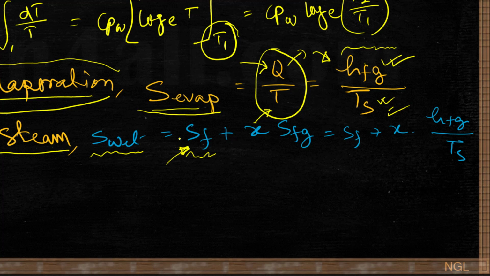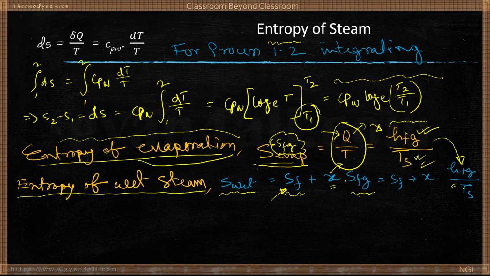Entropy from 0 degrees centigrade to the boiling point, entropy of water, that is why we write Sf plus Sfg. What is Sfg? Entropy of evaporation is Sfg, multiplied by x, the dryness fraction. And again, what is Sfg? Just now we found that this is equal to hfg divided by Ts.